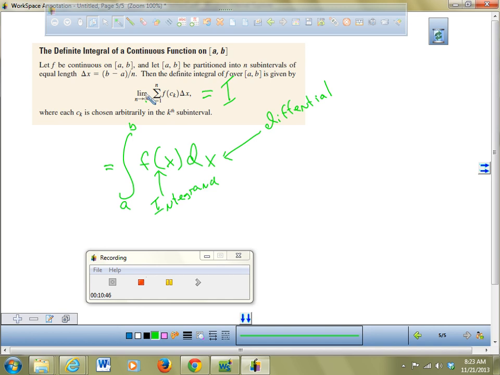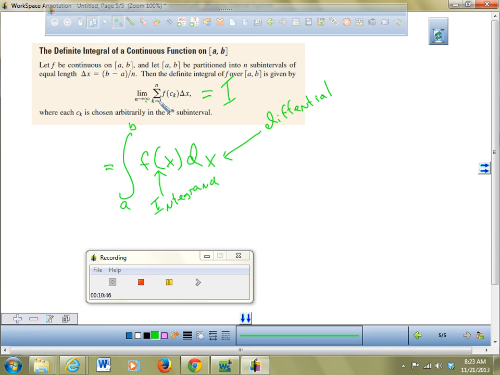Because it's a sum, and it's not really arbitrary that they chose that. Here you're adding up discrete numbers, right? You're adding up this rectangle plus this rectangle plus this rectangle. As that sum goes to infinity, this curve becomes smooth because you're finding the exact area under a smooth curve.